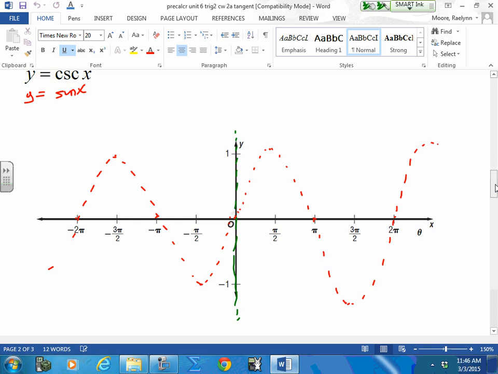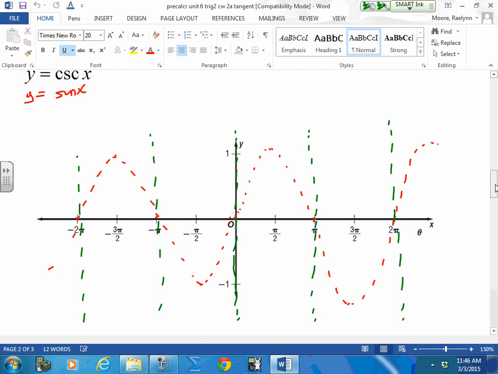If I take the reciprocal, it's 1 over 0. All of these guys on the x-axis will be an asymptote. Because if I take 0 over 1 and I take the reciprocal, it's 1 over 0. Can't do.